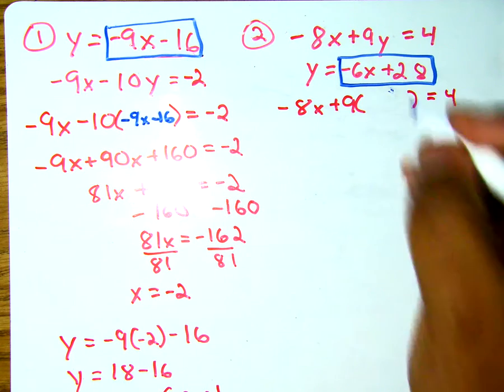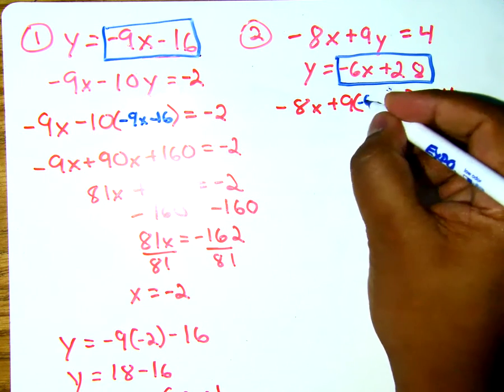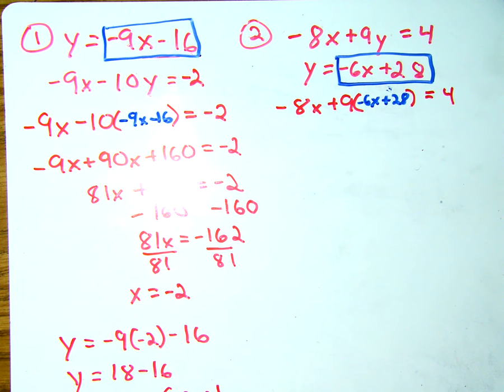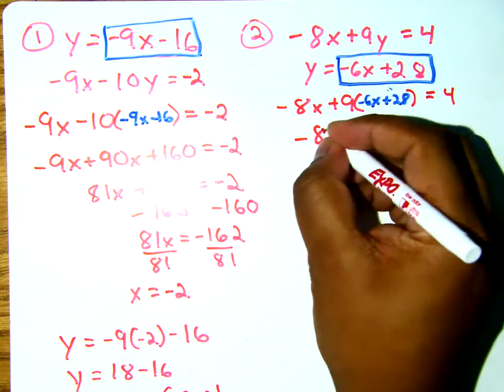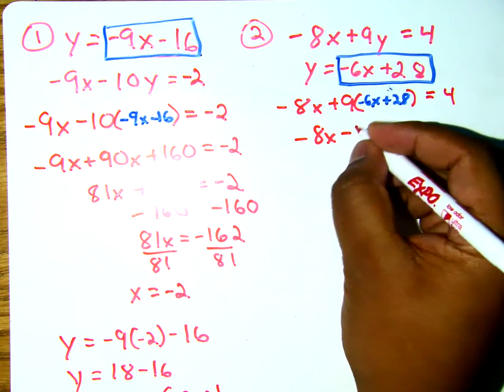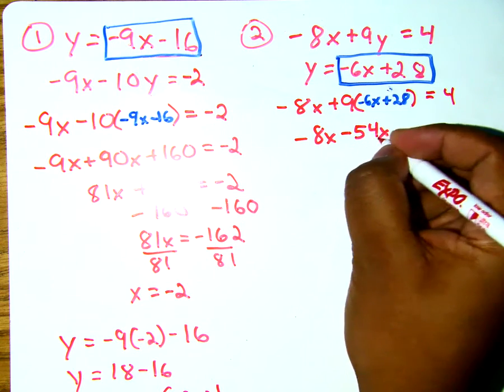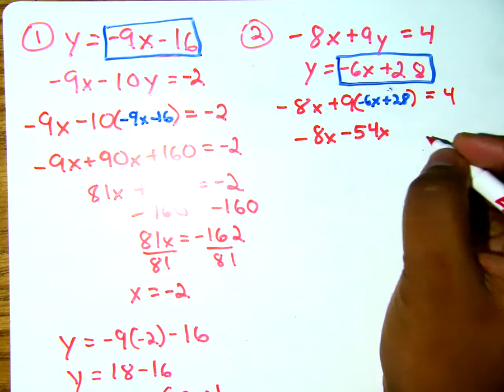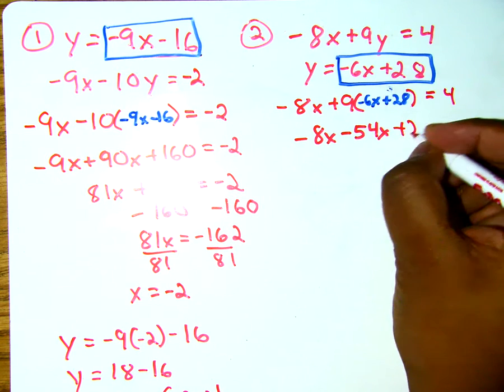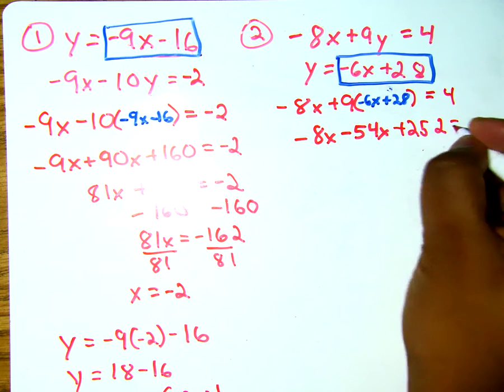Let's see if I can squeeze in here this negative 6x plus 28. Now I'm going to distribute the 9. So I have negative 8x, and this will be negative 54x, 9 times negative 6, and then 9 times 28 is going to be 252, equal to 4.